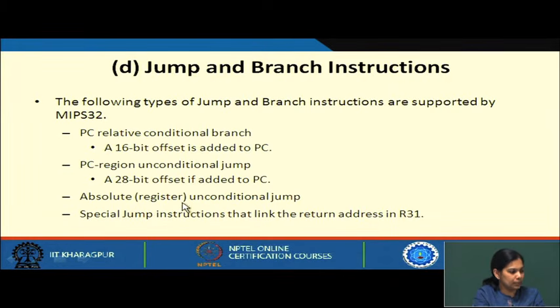There can be absolute unconditional branch, where the absolute address can be provided in a register, and special jump functions that link the return address in R31. So, we are jumping from one location to another, and after executing that particular location, we have to come back to the previous one. So, the value of the PC must be loaded with that return address value.